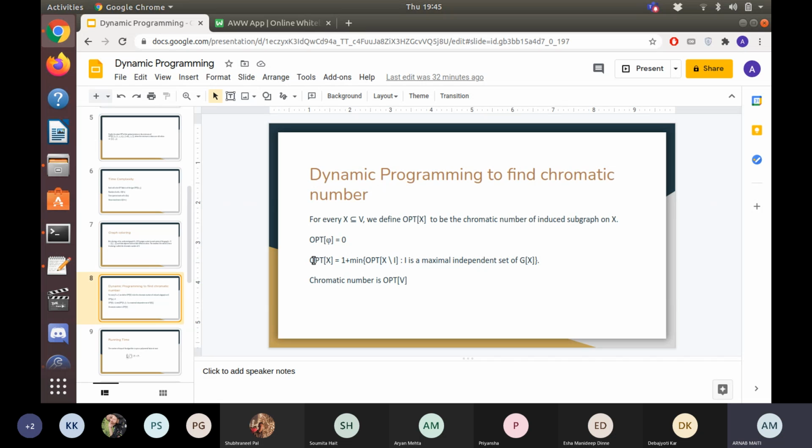So here it's written that OPT(X) is 1 plus the minimum over all maximal independent sets I of OPT(X minus I). Let me explain what they mean by this.